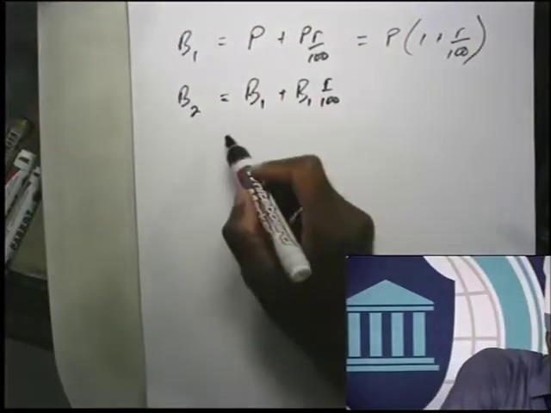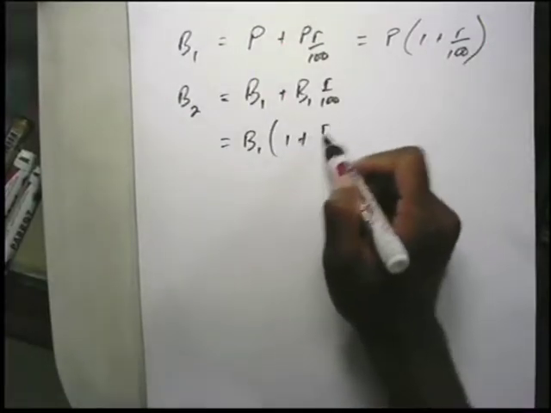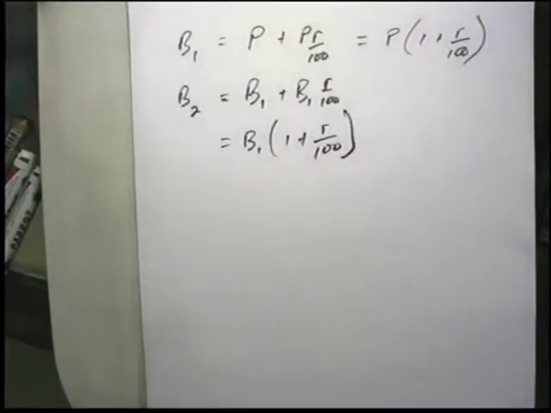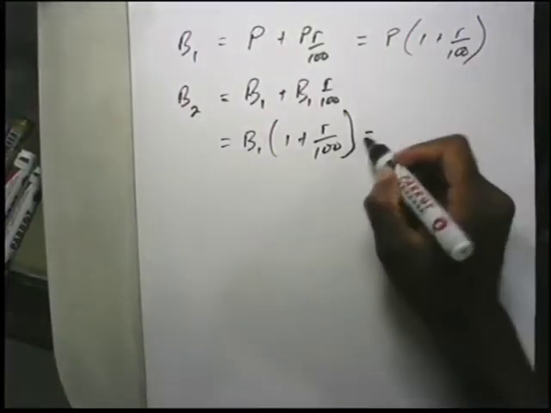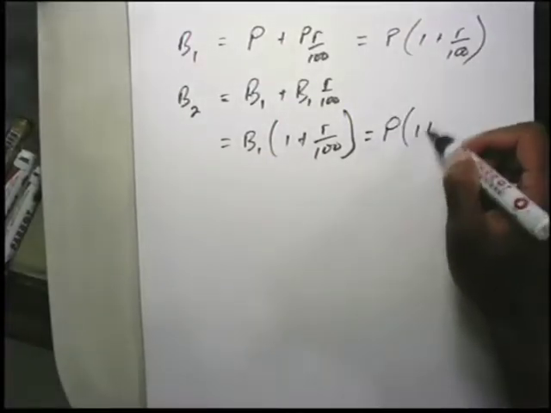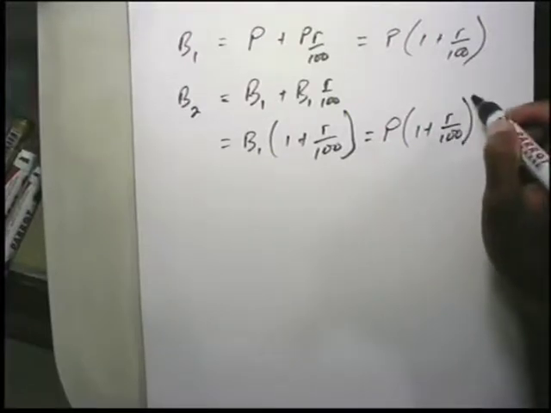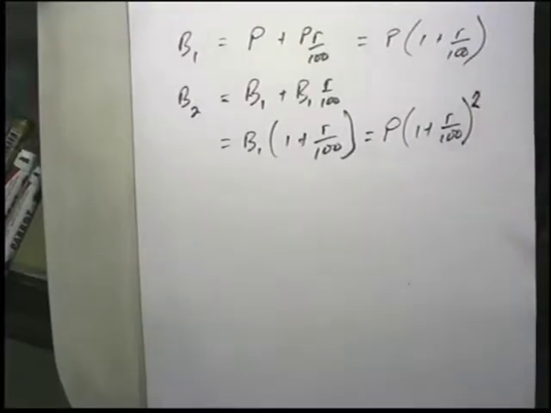This will give you B1(1 + R/100). But B1 is P(1 + R/100), so in the end, you will get P(1 + R/100) to the power of 2.